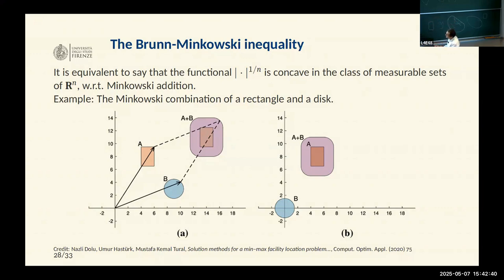Essentially, this area is more or less the perimeter times epsilon.